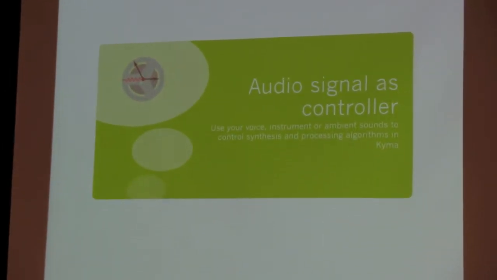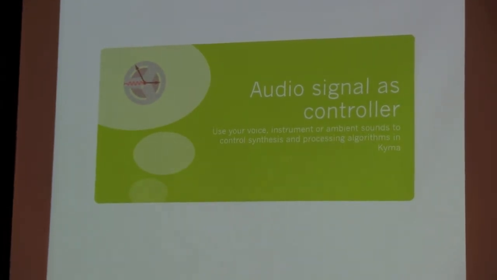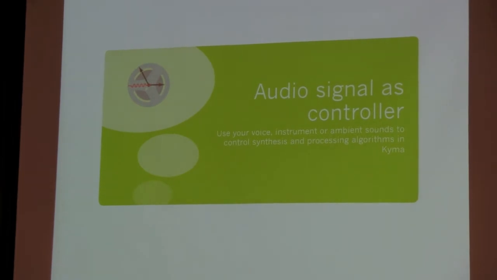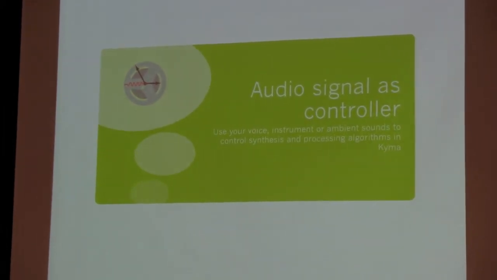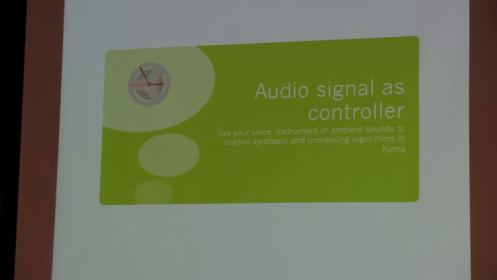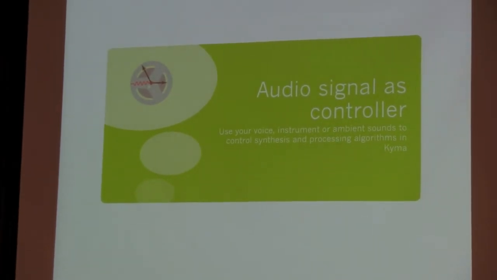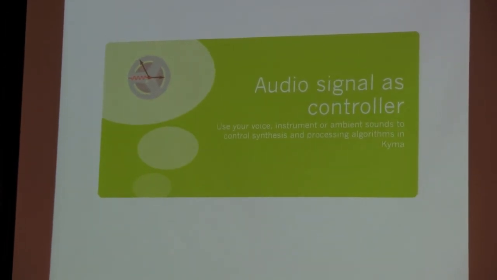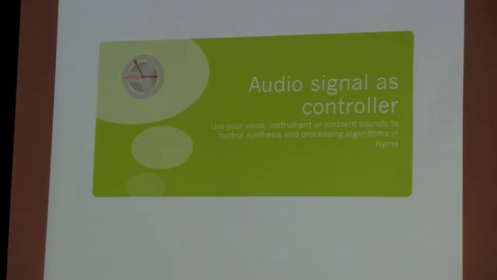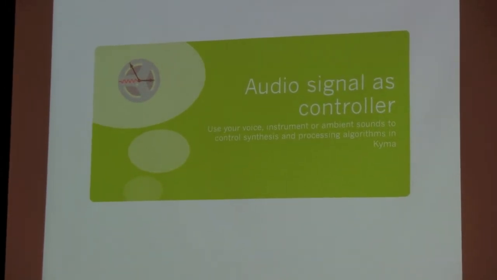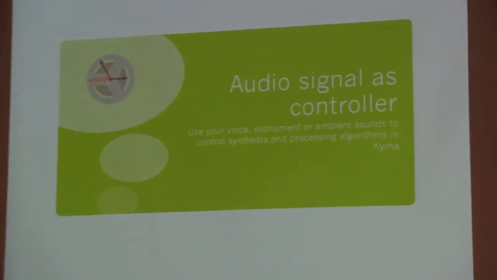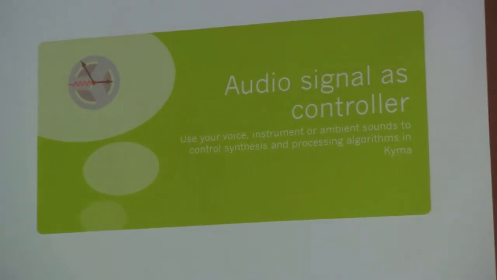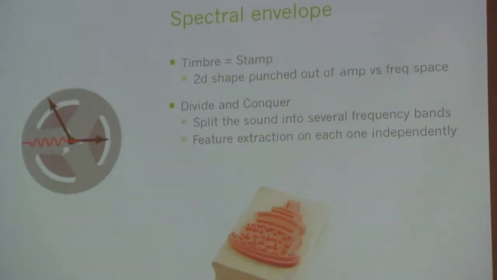By extracting these features from the environment, it opens up the door to using audio signals as controllers. So going beyond having faders and other kinds of controllers, to actually using your voice or an instrument or the environment itself as controllers for the audio signals that you have.